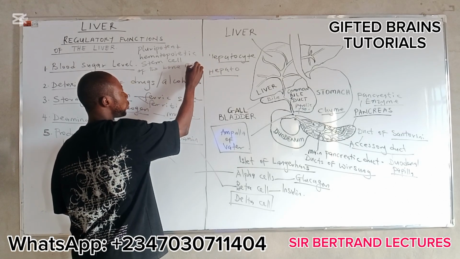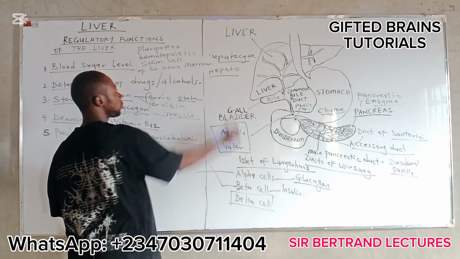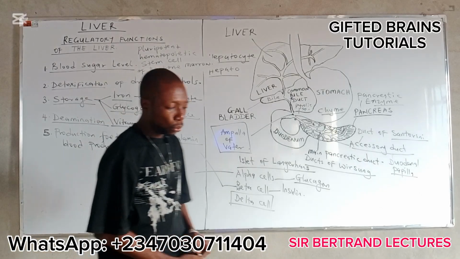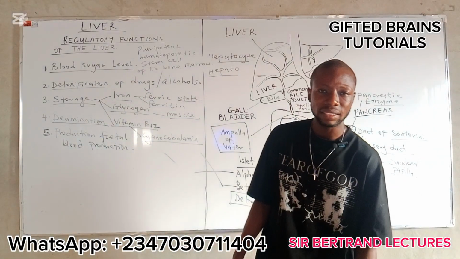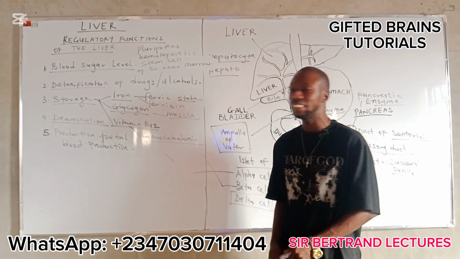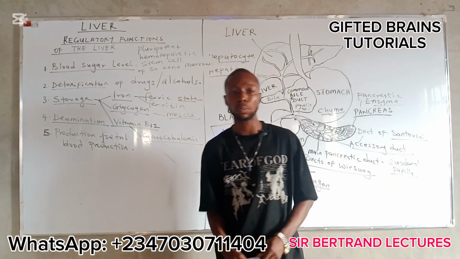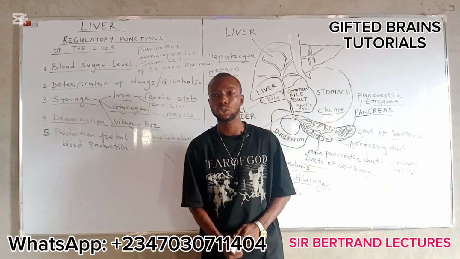This is the cell that produces blood, and this cell is located in the bone marrow. It is responsible for blood production.